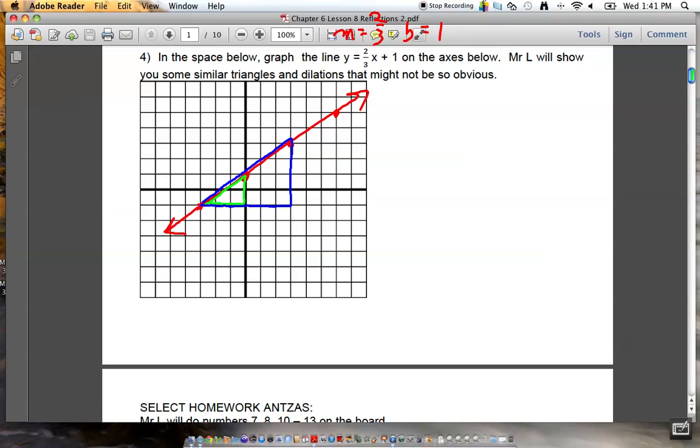Right? What operation do you use with dilations? Multiplying. Check it out. This green leg here is 3, and this one is 2. Now let's look at the blue legs. Now this was a dilation. I made it twice as big because look, I counted 2 dots. So this is 6, and this is 4. What's 3 times 2? And what's 2 times 2? 4. I could do another one out to here.